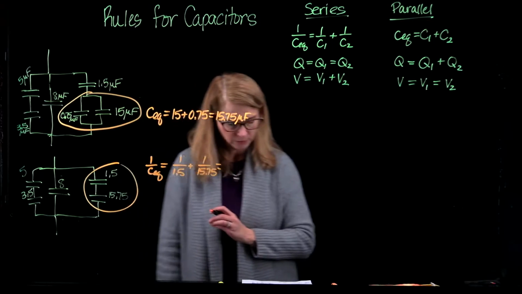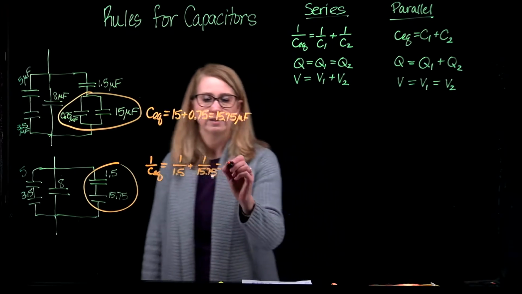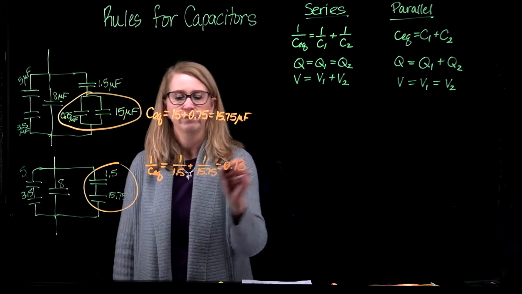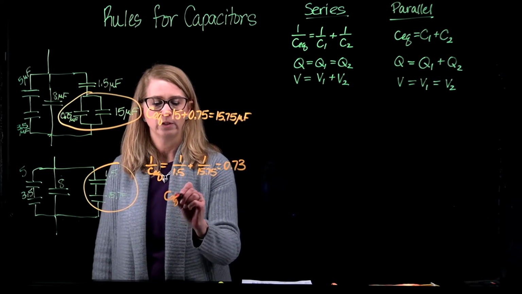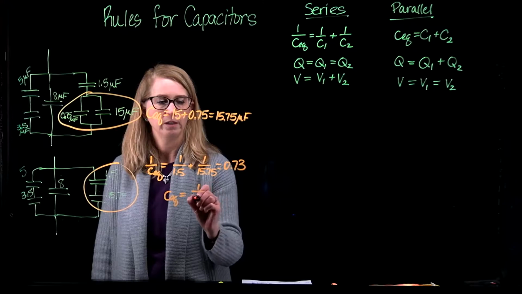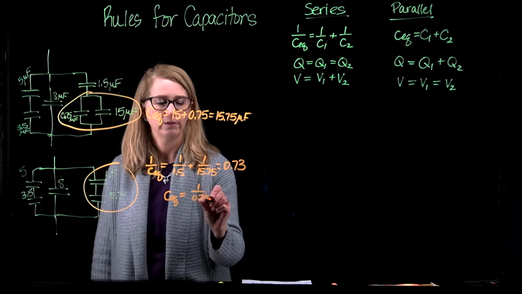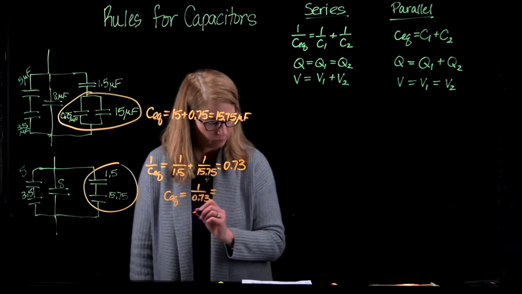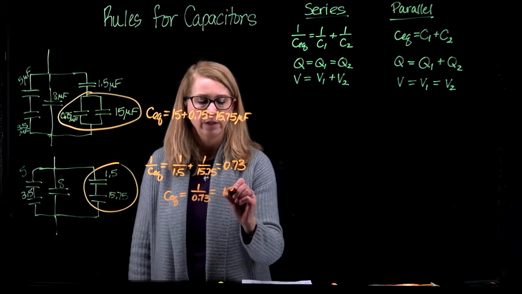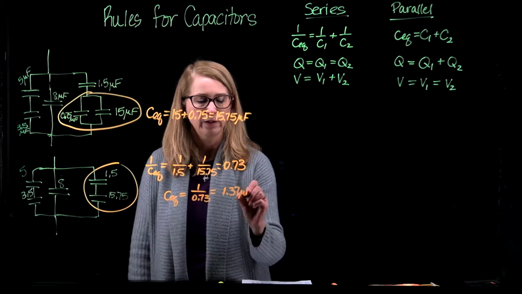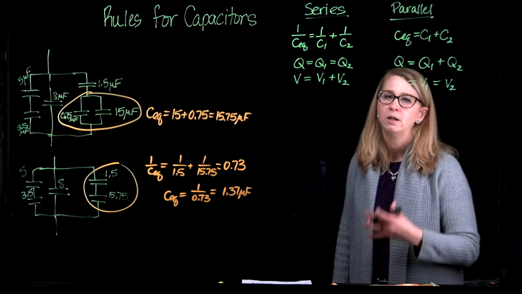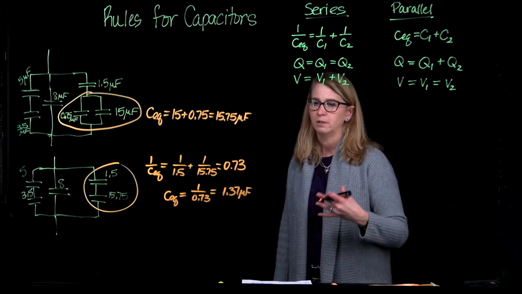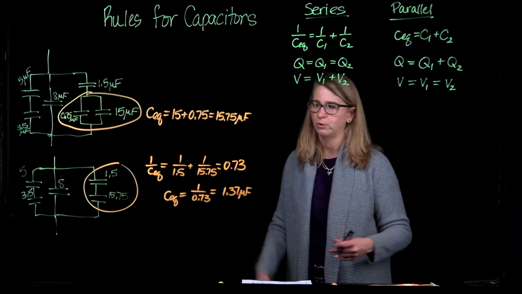If I add those two together, I get 0.73, which is 1 over the equivalent. So the equivalent to those two is the inverse of this value, which turns out to be 1.37 microfarads. Notice I don't have to carry along the microfarads. I can just use the whole numbers.